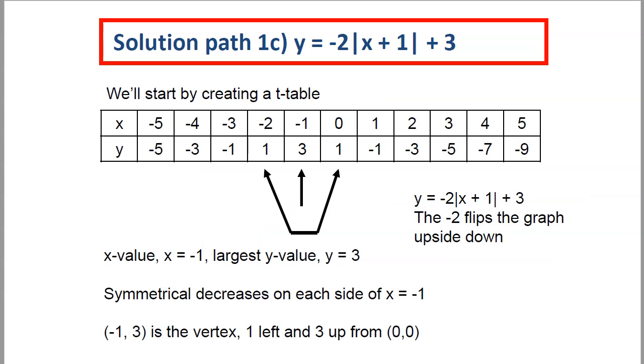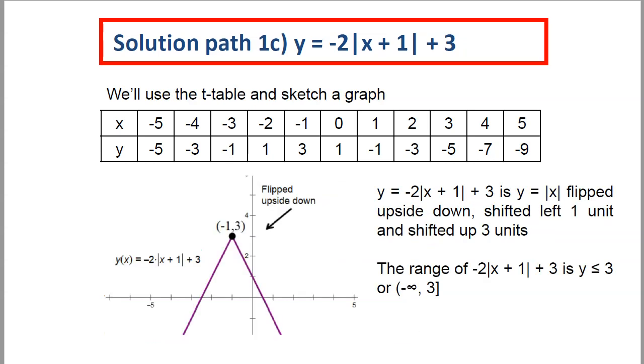For our third given function, y equals negative 2 times the absolute value of x plus 1 and then plus 3, we create our t-table and we see that that negative 2 flips our graph upside down, and that at x equals negative 1, that's where things bend and change, with symmetrical decreases on either side of x equals negative 1. So we see that our vertex here is negative 1, 3, which is 1 left and 3 up from 0, 0.